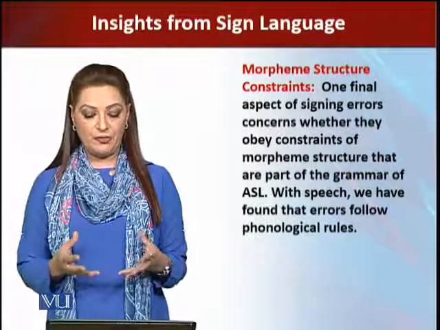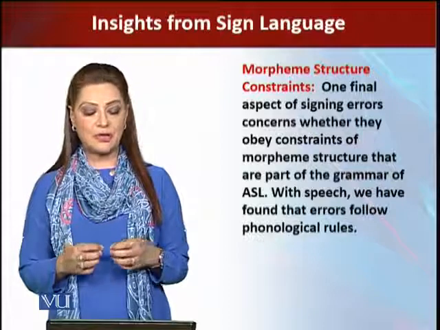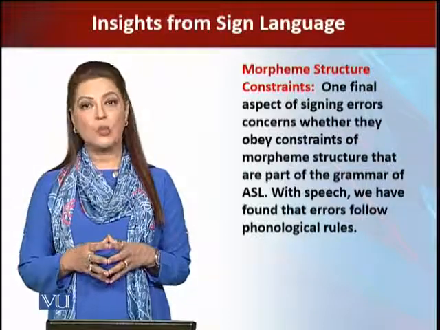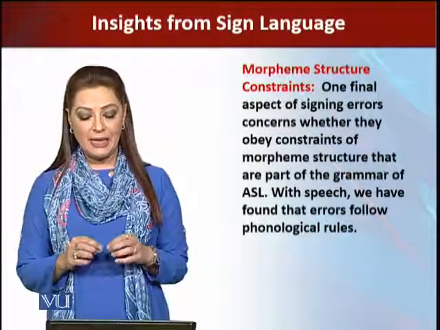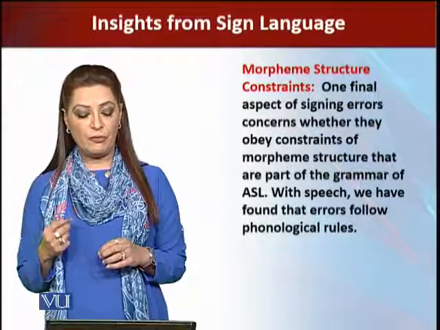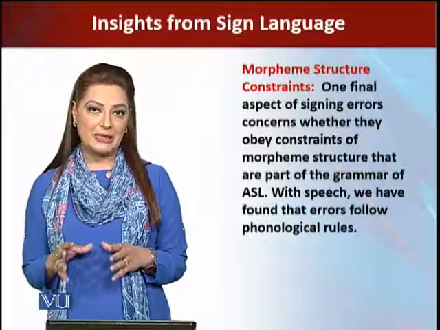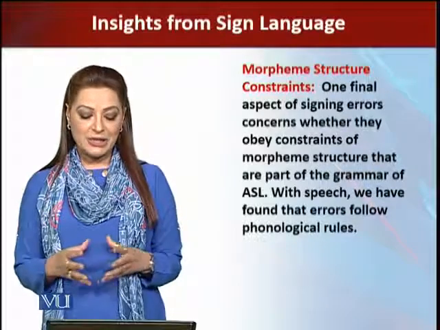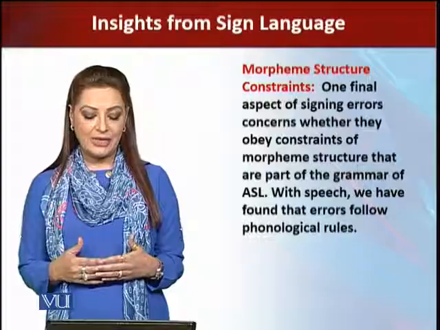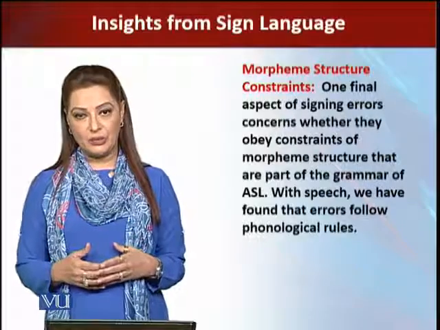Coming back to morpheme structure. One final aspect of signing errors concerns whether they obey constraints of morpheme structure that are part of the grammar of American Sign Language. With speech, we have found that errors follow phonological rules.